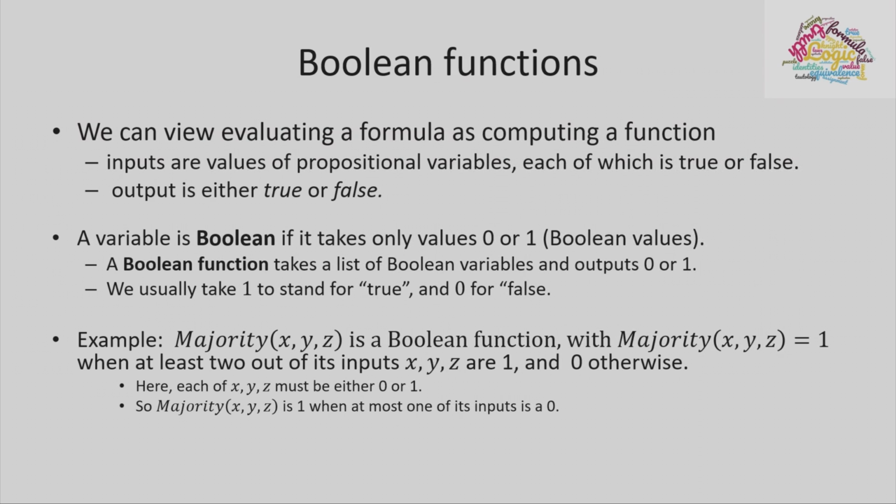We make majority of x, y, z to be 1 if at least two of those three variables are 1, maybe all three are, and otherwise, if only one variable is 1 and there are zeros, or all of them are zeros, we set majority of x, y, z to be a 0. So it takes three variables, which can be zeros and ones, and it outputs one value, which is 0 or 1. And again, you could think about zeros as falses and ones as trues, and it's really kind of interchangeable.